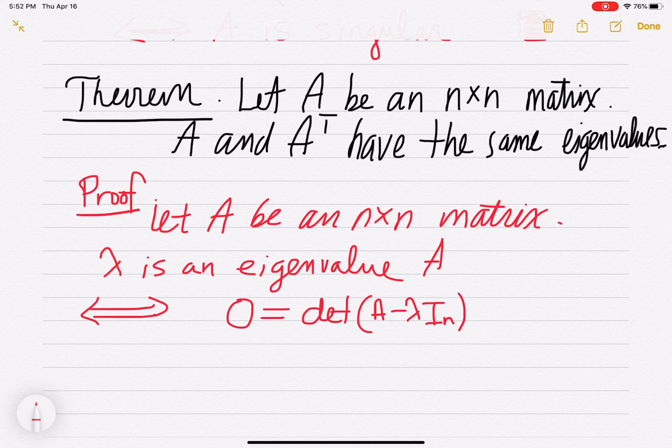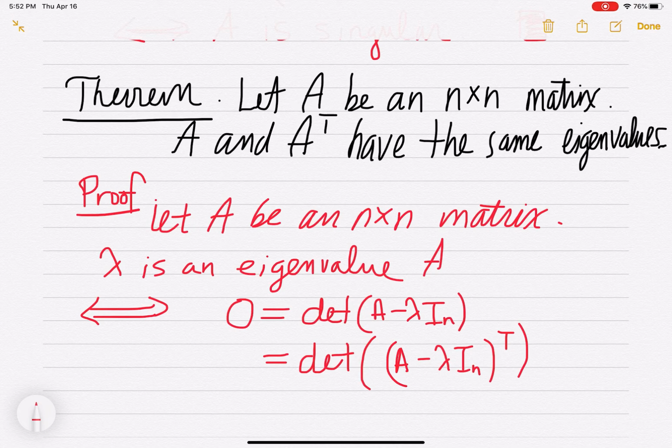But wait a second. When we did determinants, we said that every matrix has the same determinant as its transpose. So the determinant of A minus lambda I is the same as the determinant of (A minus lambda I) transposed.